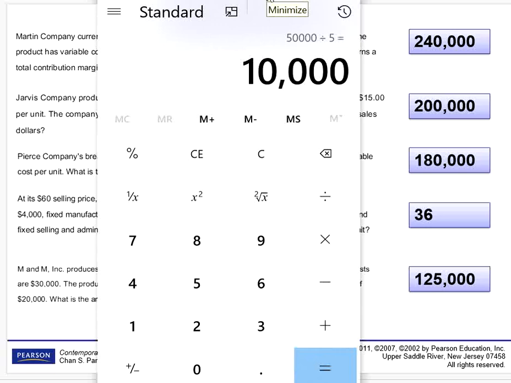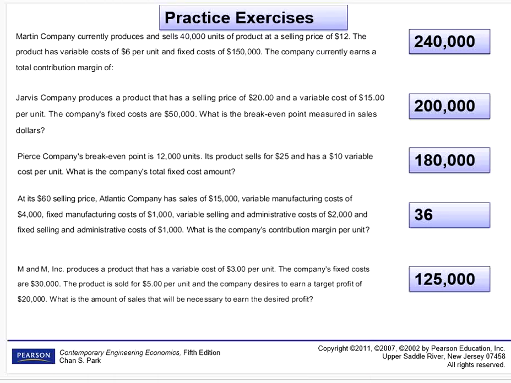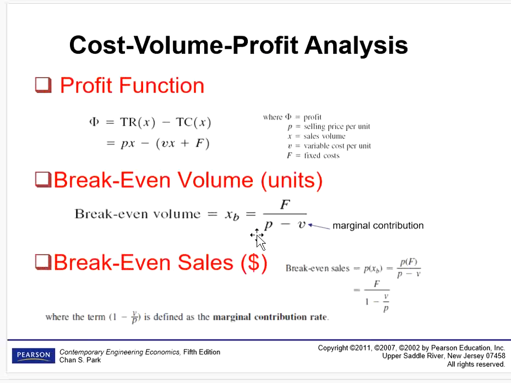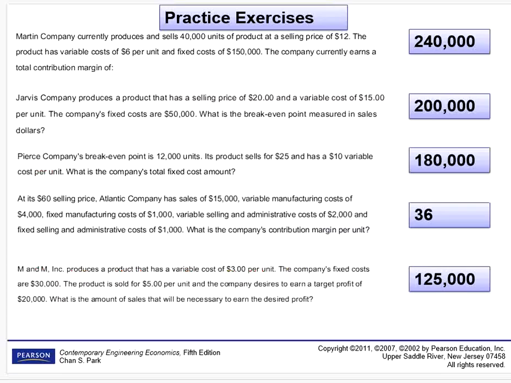Now what is this one? This 10,000, using this formula, is the break even volume, meaning the number of units we must sell to break even. But the question here is not the number of units. See, break even point in sales dollars, not the number of units, sorry, in sales dollars.